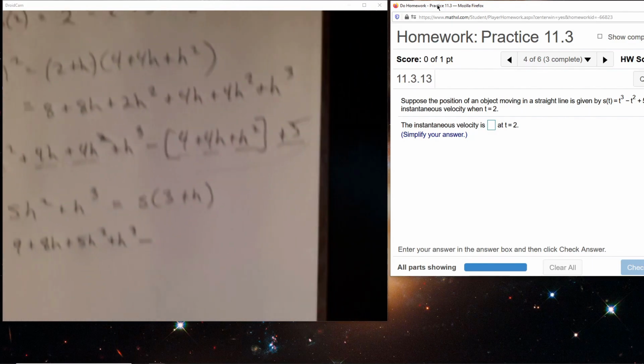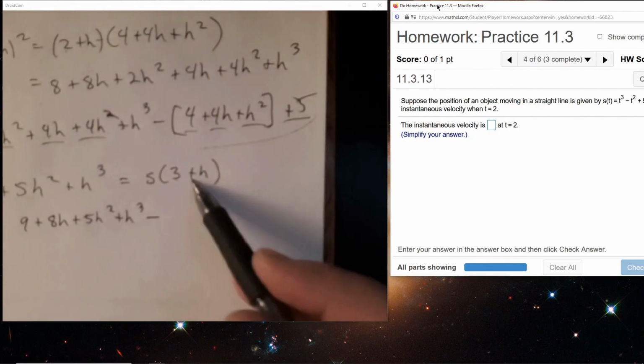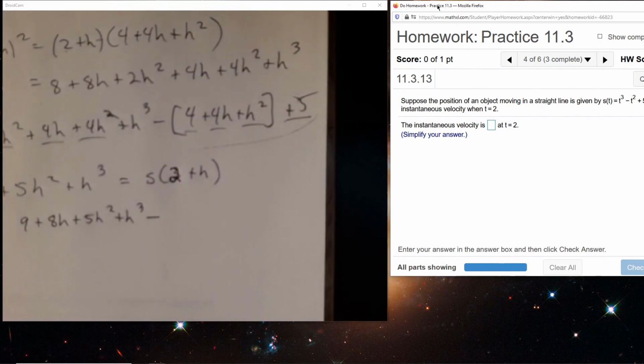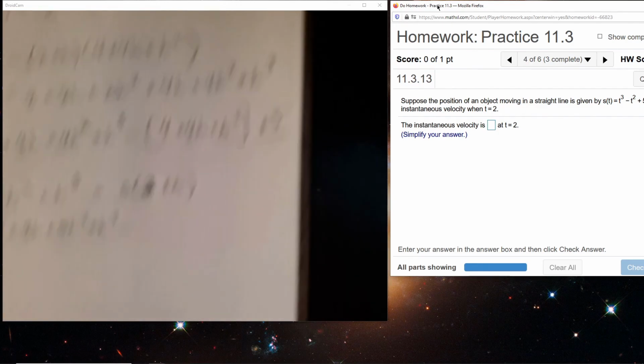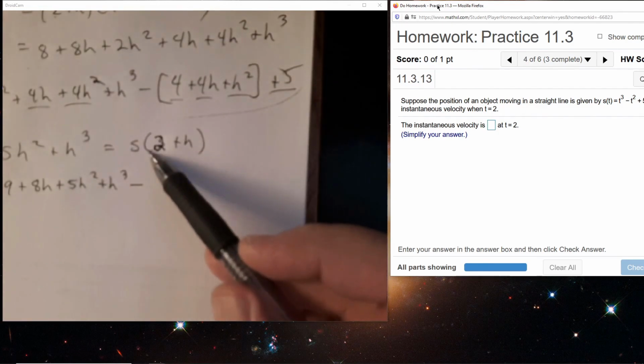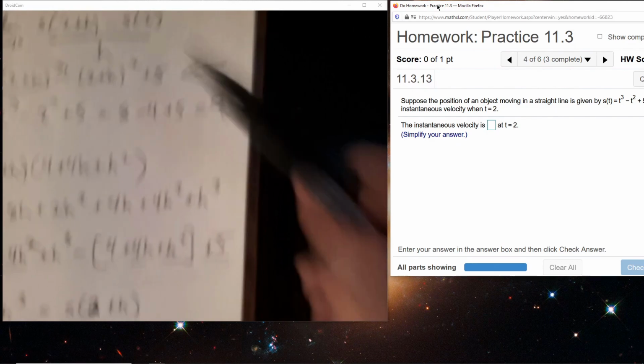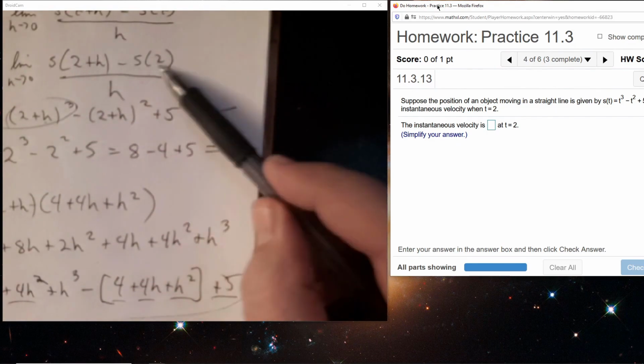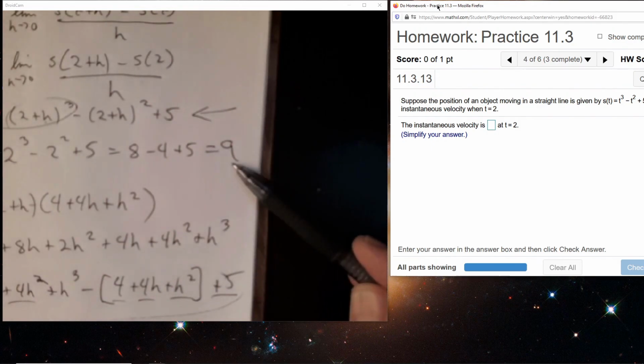Oops, just a quick correction here. I've said 3 plus h here. It's actually 2 plus h. So we're looking at 2 plus h, and then we subtract off s of 2, which we figured out was 9.